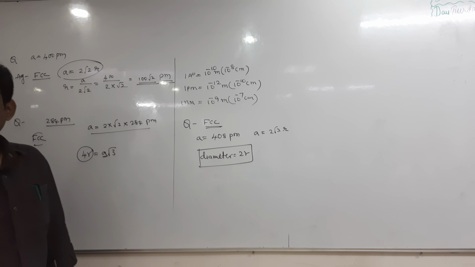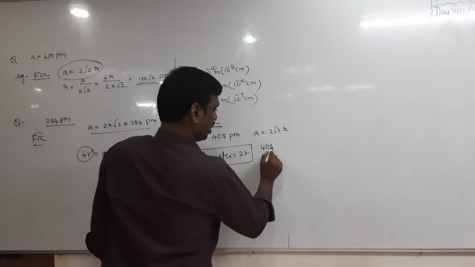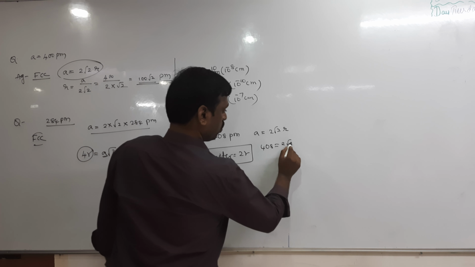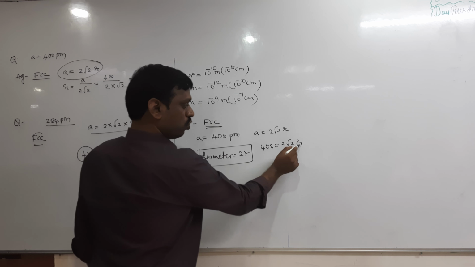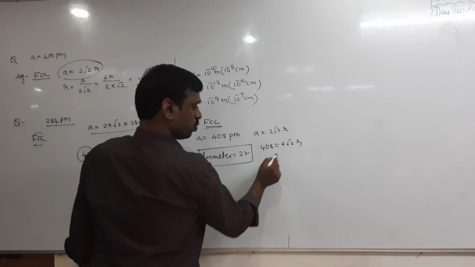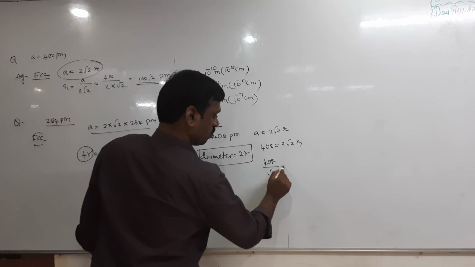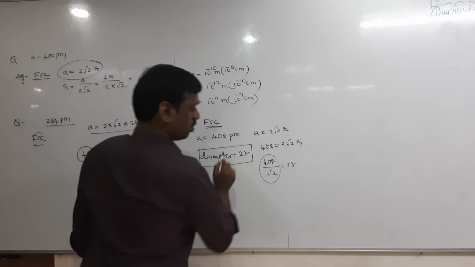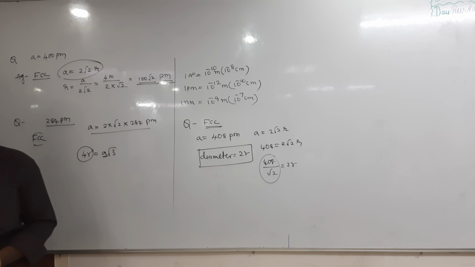Yes or no? Then it is given 408 equal to 2 into root 2 into r. Then we want 2r, no? You keep this 2r. Then 408 divided by root 2, which is nothing but the 2r value. Root 2 is 1.414.